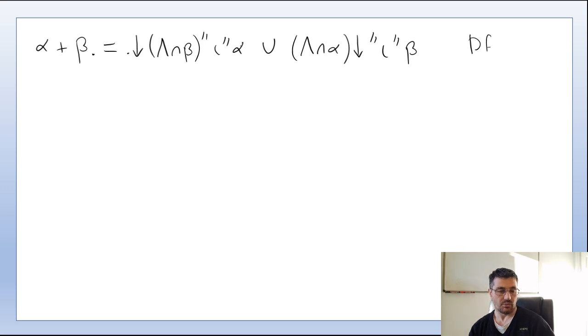Okay, what we're looking to do here is to, alpha and beta do not have to be classes of the same type. What we're wanting to do here is to take into consideration the number of terms in alpha, the number of terms in beta, and to form a new class which we can guarantee will have the same number of terms as alpha and beta, the number of terms of alpha and the number of terms of beta combined.